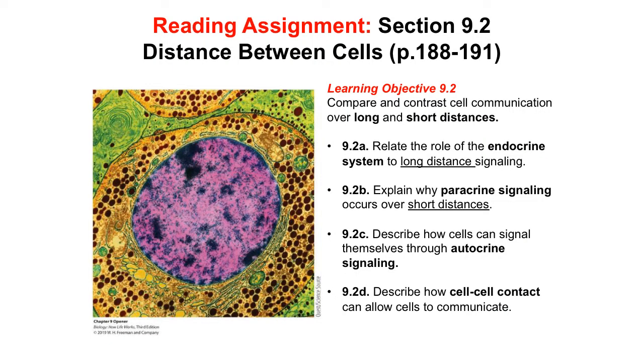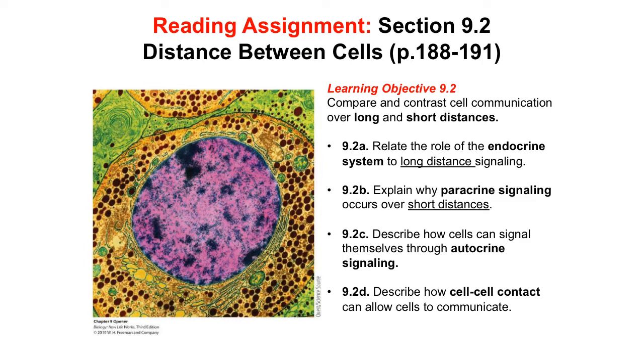Your reading assignment here is section 9.2, which is distance between cells, and the reading pages in your textbook are pages 188 through 191. Now, the major learning objective for 9.2 is to be able to compare and contrast cell communication strategies over long and short distances.